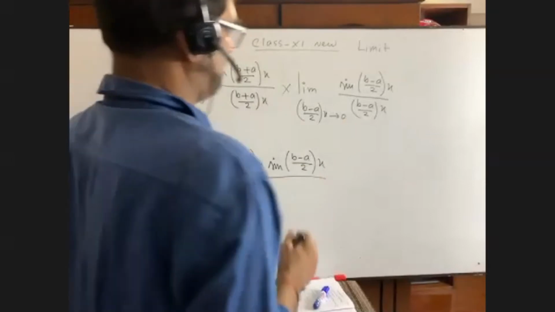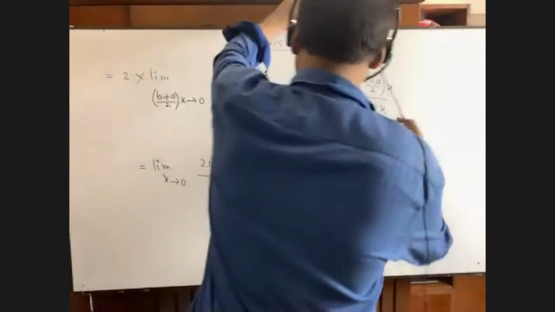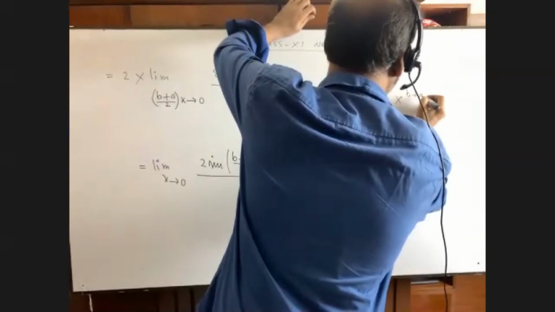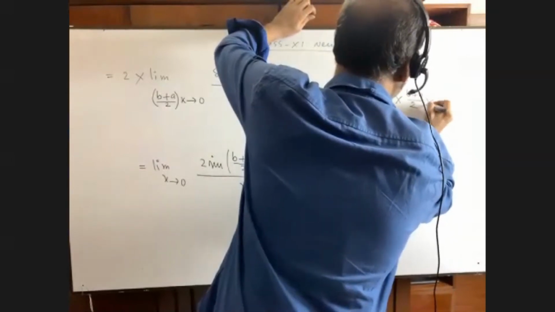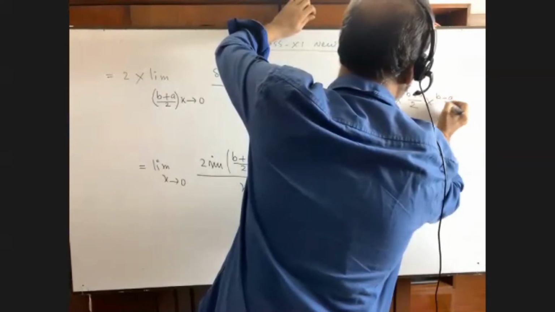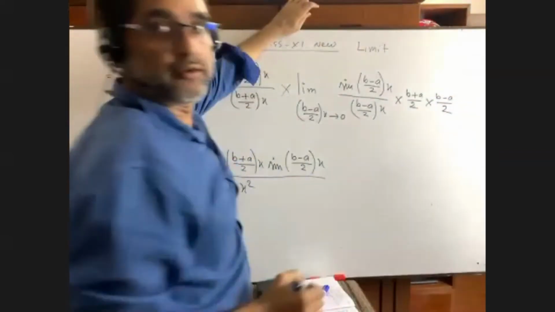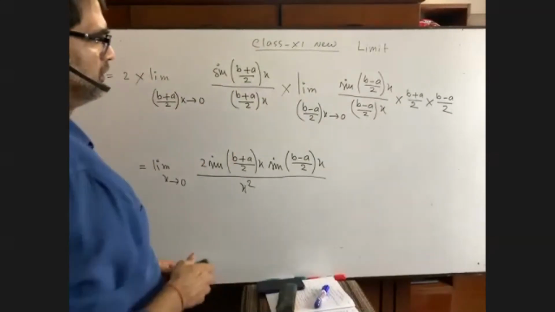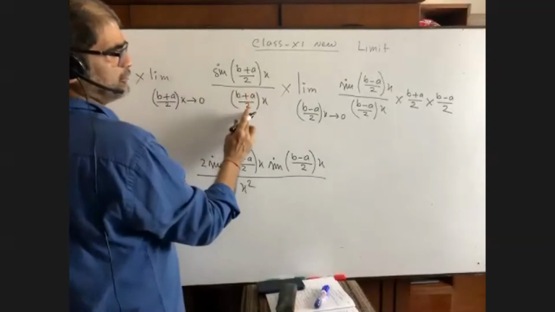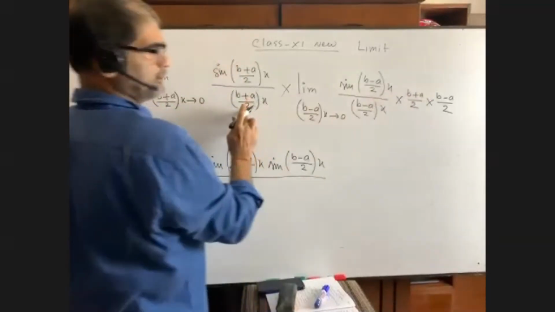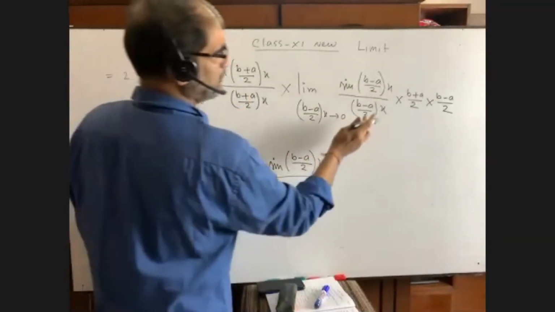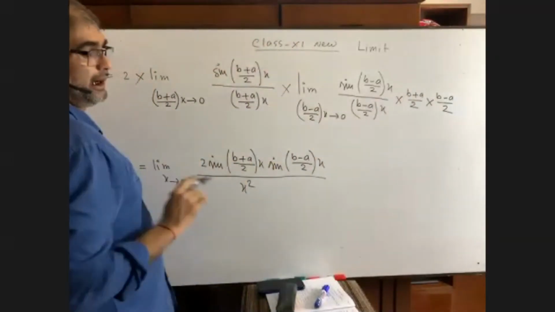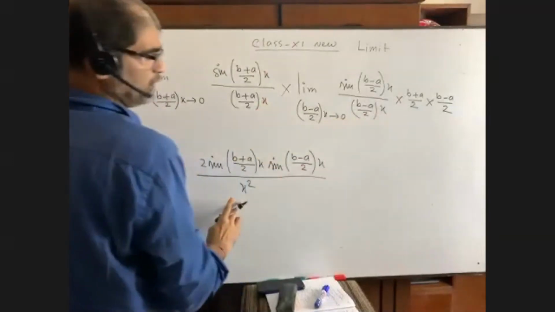Suppose if I write here, you see, into (b plus a) by 2 into (b minus a) by 2. Please try to understand. Are you getting it or not? Suppose this is (b plus a) by 2, this (b plus a) by 2 will be omitted, right? This is (b minus a) by 2, this (b minus a) by 2 will be omitted. I told you x square, okay?